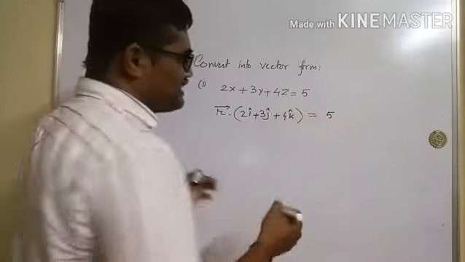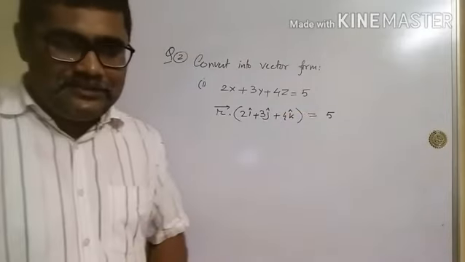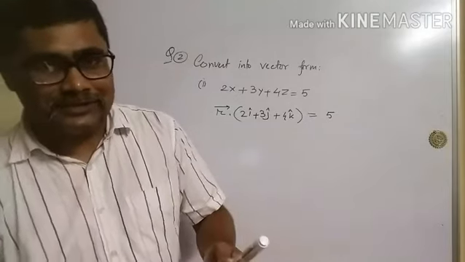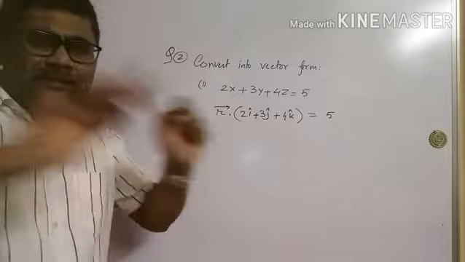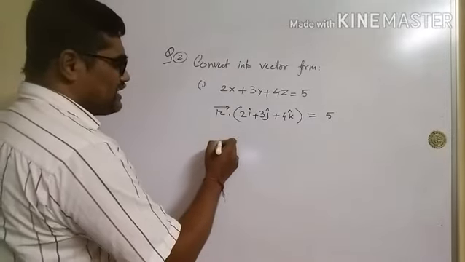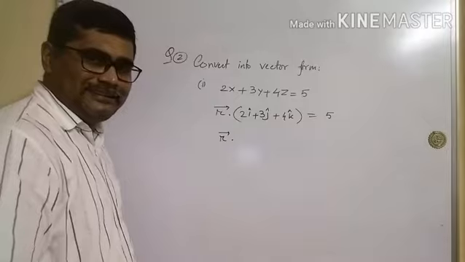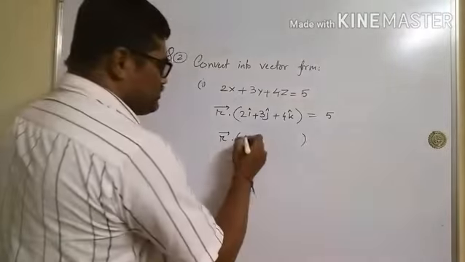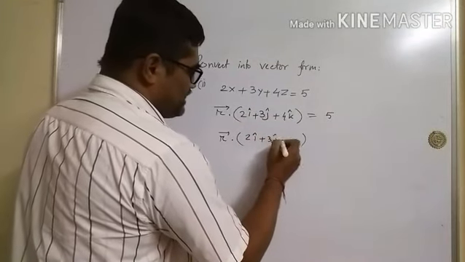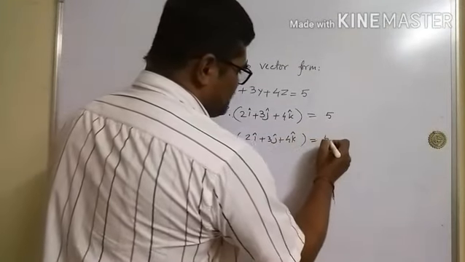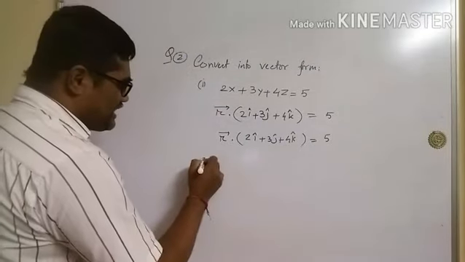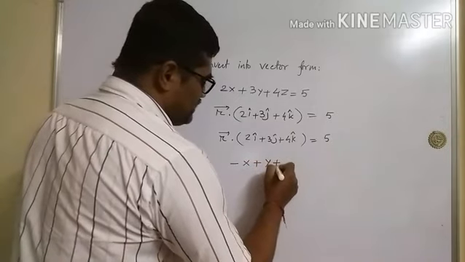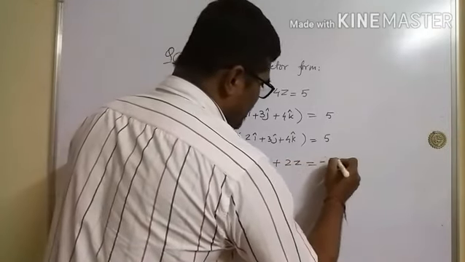So that's it. And if you need even a very small memory tip to convert this, nothing to be done. R dot you write, and then x, y, z should be replaced by I cap, j cap, k cap, right? I am rewriting the same equation 2 times, right? So if I take another equation quickly, say minus x plus y plus 2z is equal to minus 7, right?